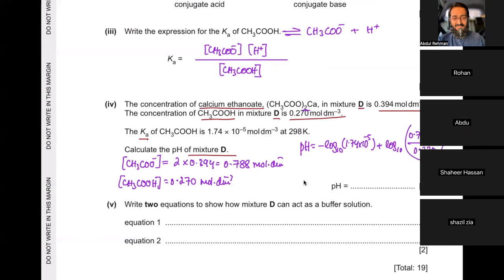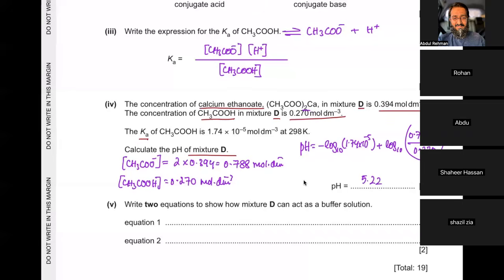Can anyone calculate it and tell me the answer, please? Okay, Shahid, thank you. So the pH is 5.22.